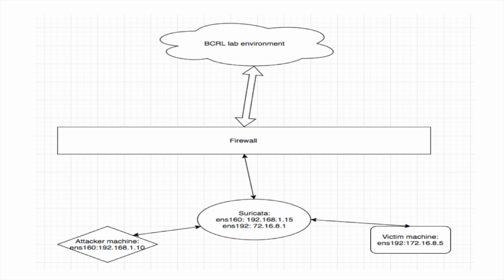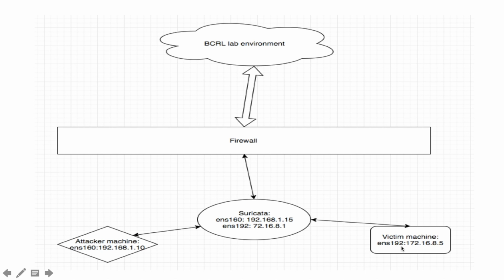For this network I'm going to show you, it is built on top of the BCRL lab environment. We have our network here with Suricata, the attacker machine, and the victim machine. We have two networks. One is ENS160, and we have another victim network at ENS192.